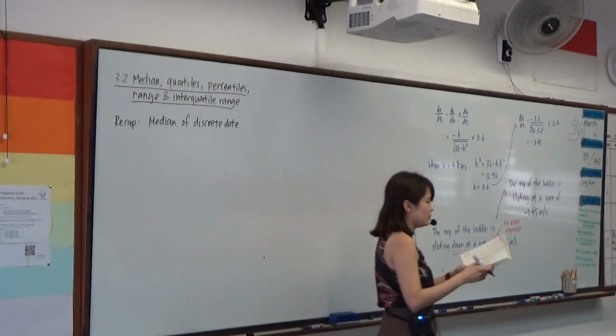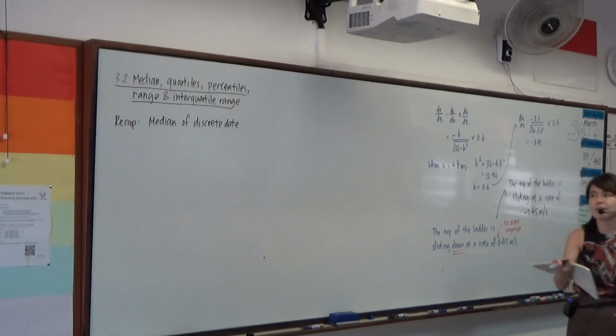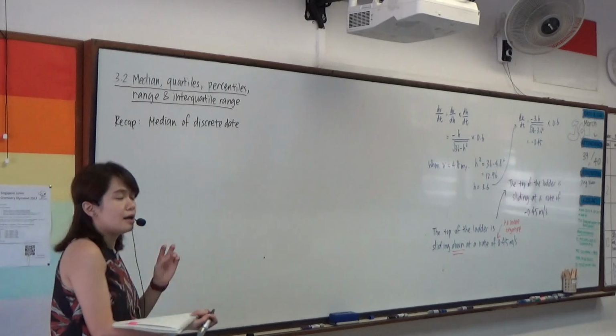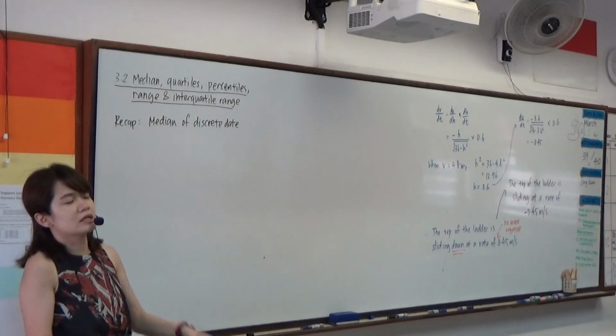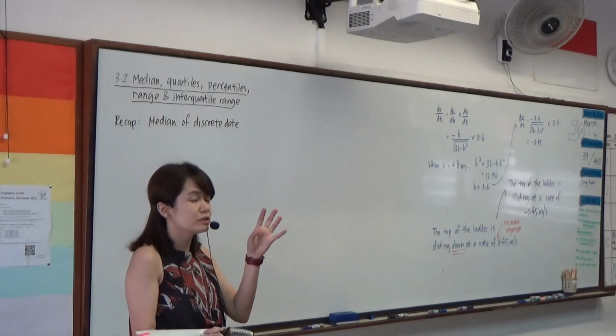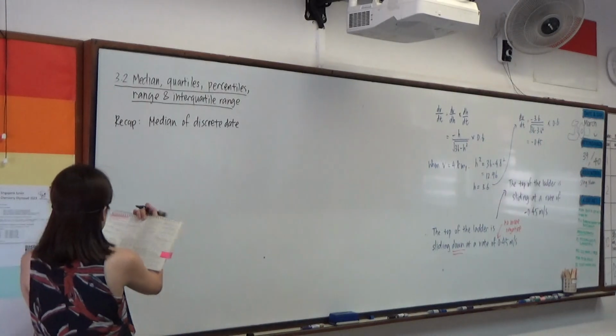Let's do a very quick recap of how we find the median of discrete data. Discrete data means that you're given individual data values, maybe the heights of the people in this class, or the scores of the people in this class. That's what discrete actually means.